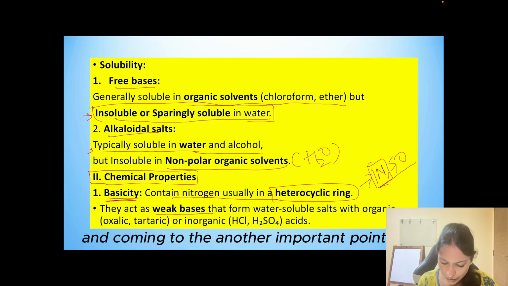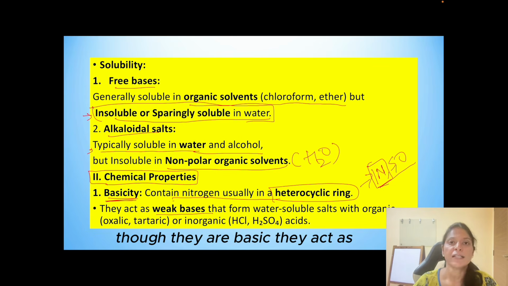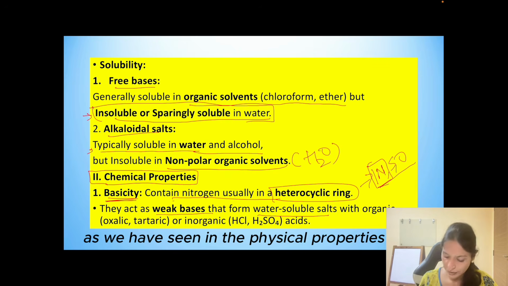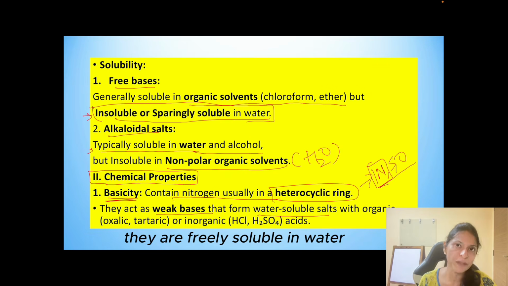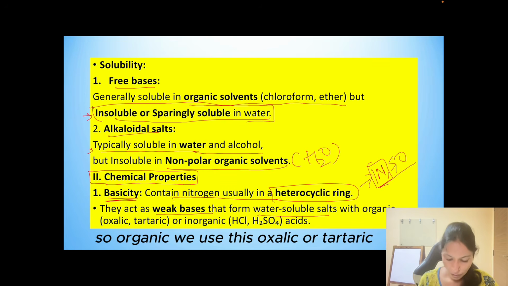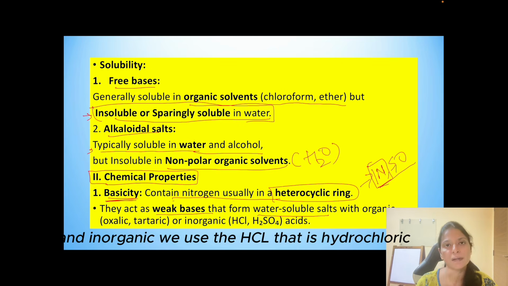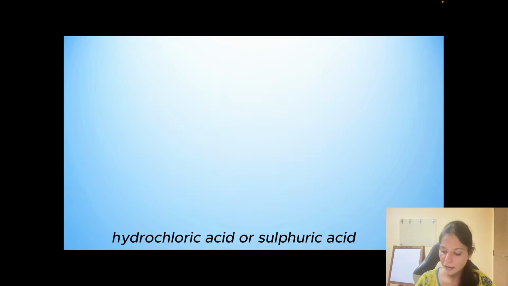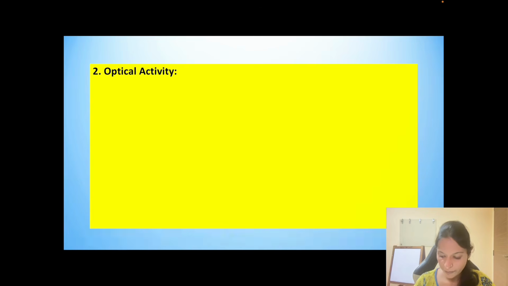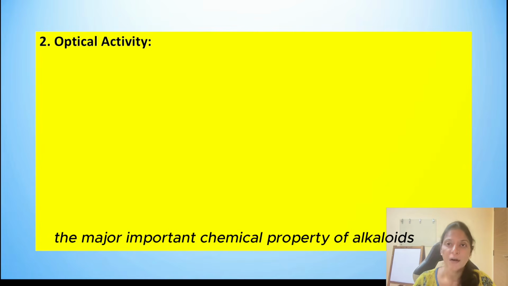Another important point is that though they are basic, they generally act as weak bases that form water-soluble salts with organic or inorganic acids. For organic acids we use oxalic or tartaric acid, and for inorganic acids we use HCl, hydrochloric acid, or sulfuric acid. So this is the major important chemical property of alkaloids.